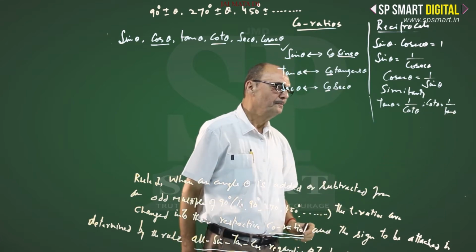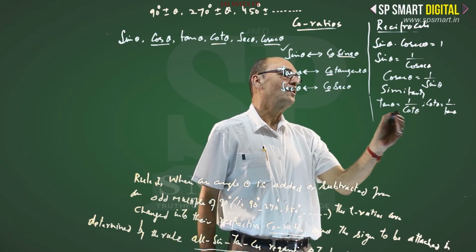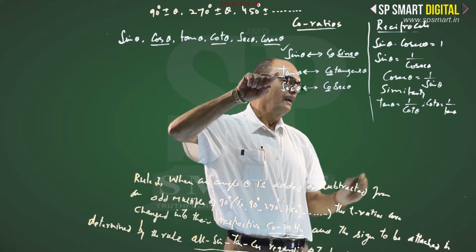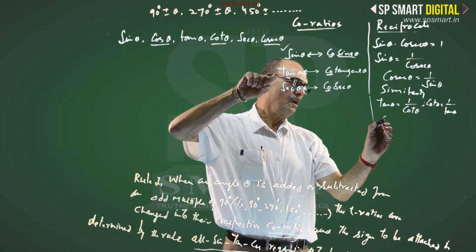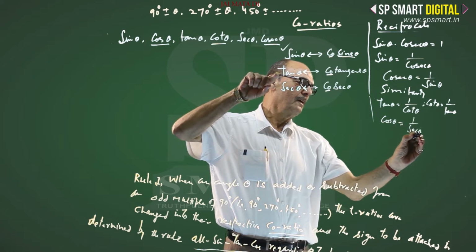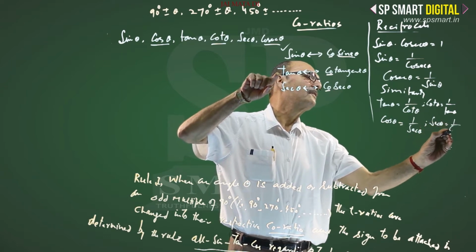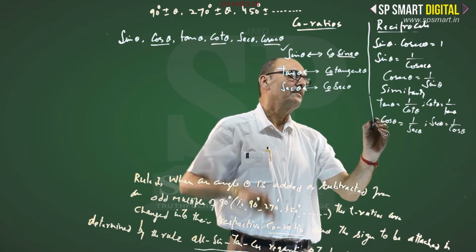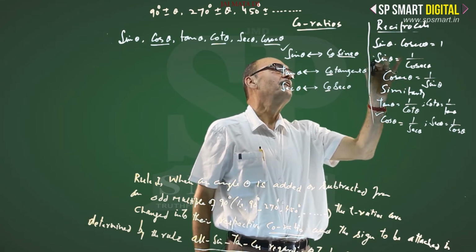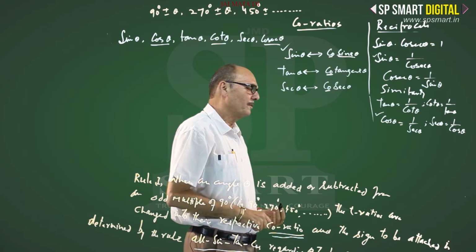Here reciprocal of tan theta is cot theta, and of course in this case co-ratio is the same. Then cos of theta, its reciprocal is secant of theta, and secant theta equals 1 by cos of theta. In two cases, cos theta and sin theta, we have different reciprocals.